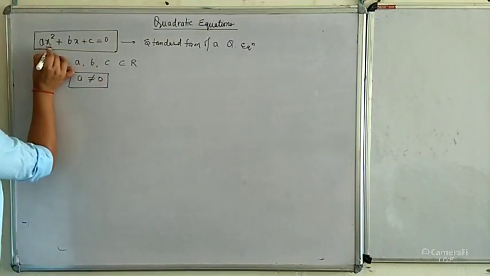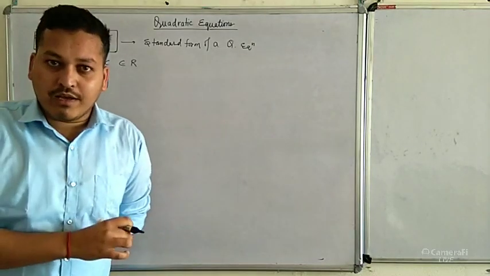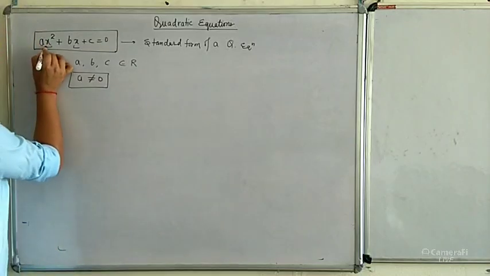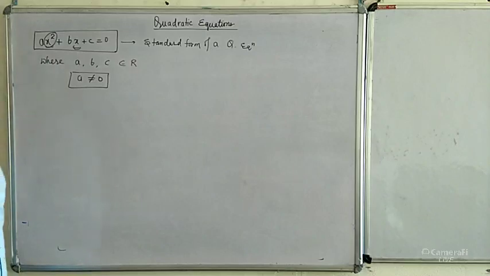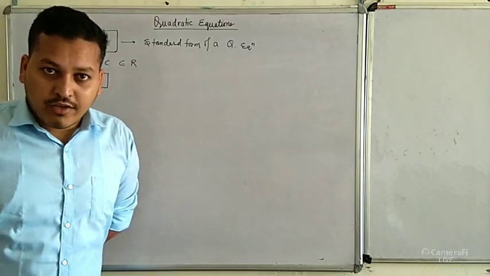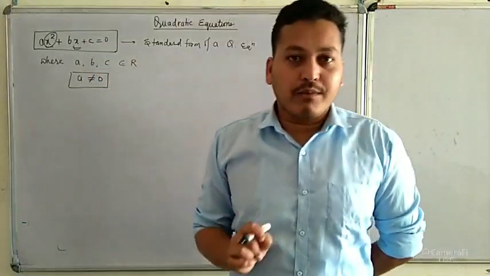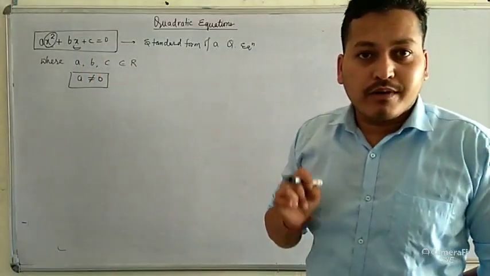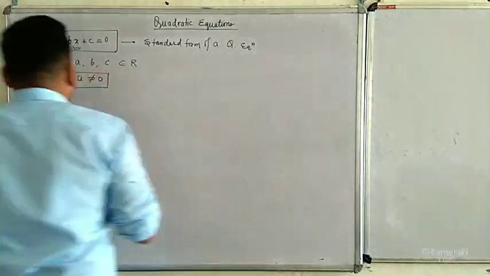Only one variable, x. So a quadratic equation is an equation of one variable and the highest power of the variable is 2. If in any equation you are given one variable and the highest power of that variable is 2, then this type of equation is known as a quadratic equation.